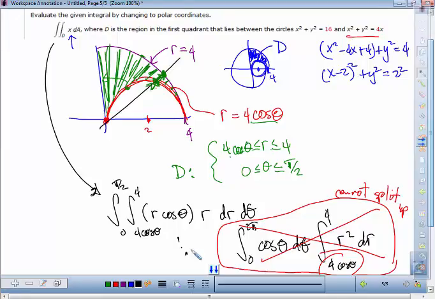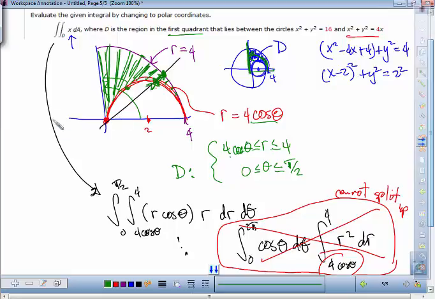Okay, question? Because I'm looking at where my theta is going to go from, starting and ending points of theta, and they say here in the first quadrant, so I'm just going to go as far as pi over 2 and not go any further.